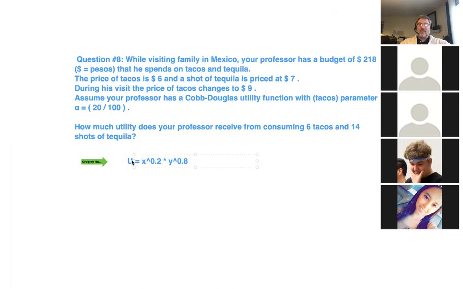So you just have to do 1 minus 0.2, which is 0.8, so they sum to 1. So this is our utility function, and then we're just being asked, and I'll just put some parentheses in here to be clear, lest it cause confusion. So is that clear?